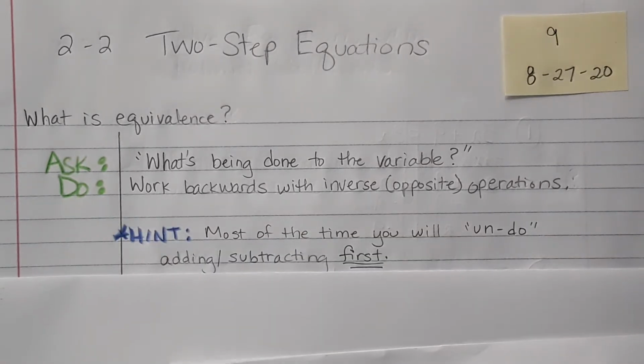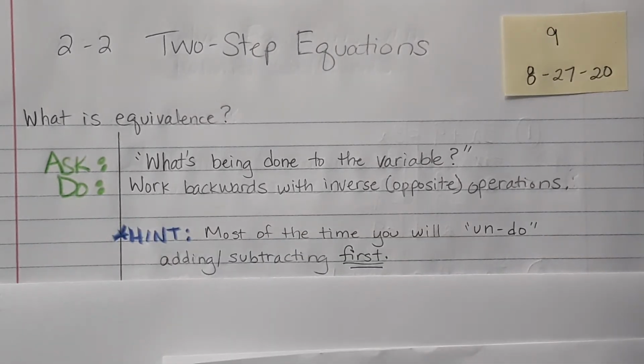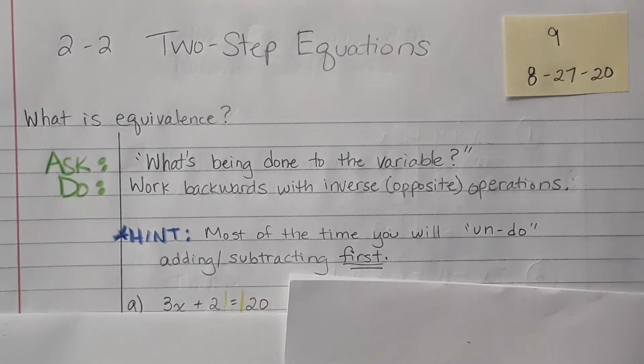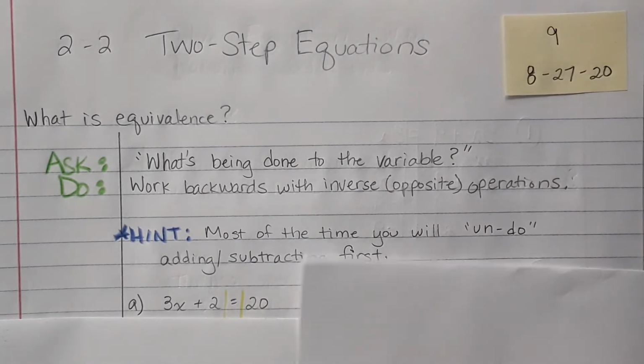And I want to give you a hint. When we work through two-step equations, most of the time you're going to undo the operations by adding or subtracting first. And I'll show you some examples, beginning with example A.